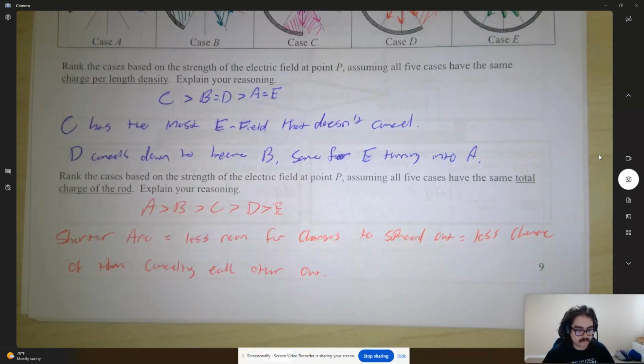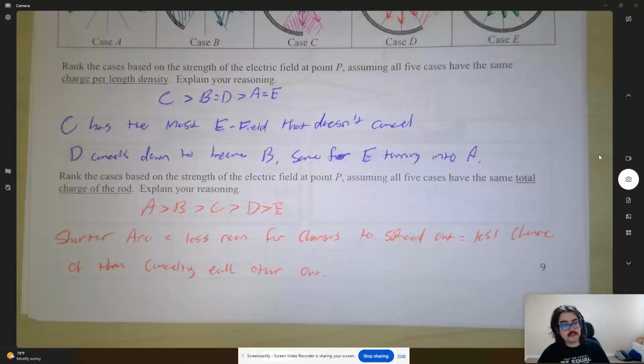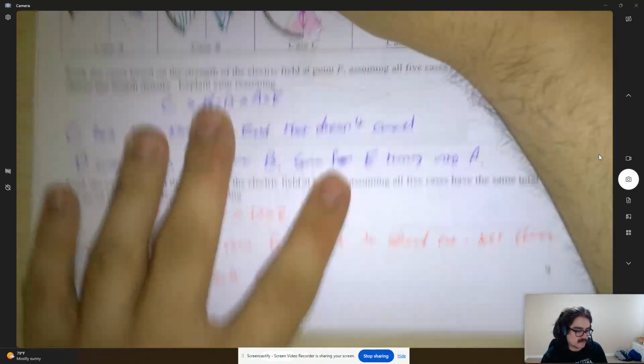So if you put all the charge on E, it may end up distributing itself to those lower and top parts where it ends up canceling out with the other sides. And obviously that would lead to a lower strength of the electric field because some stuff gets canceled out.